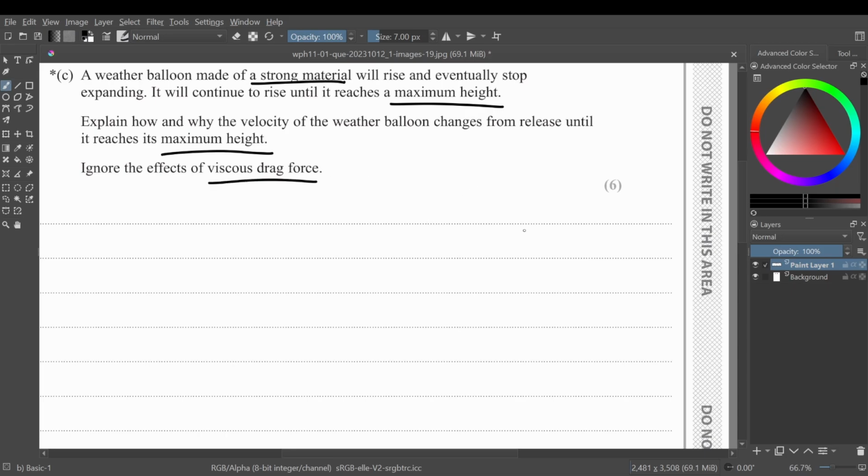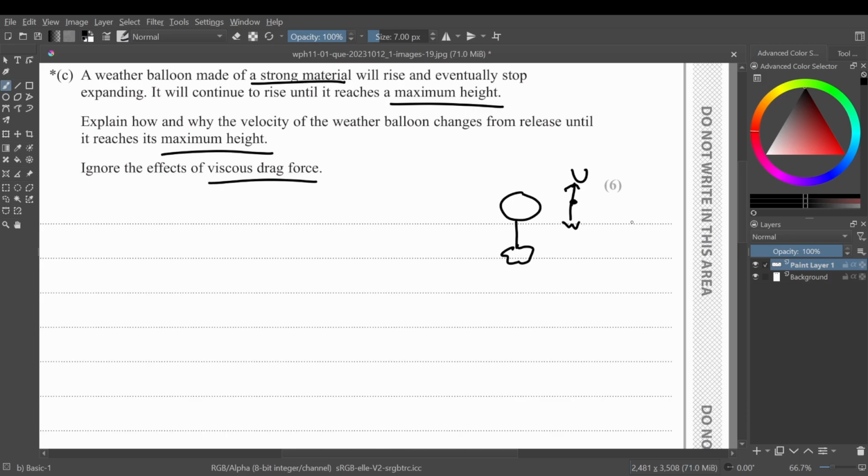Okay, so basically what is happening here? So this is your balloon, and your equipment is attached to your balloon, and when it is released, your upthrust is greater than the weight of the balloon with the equipment.